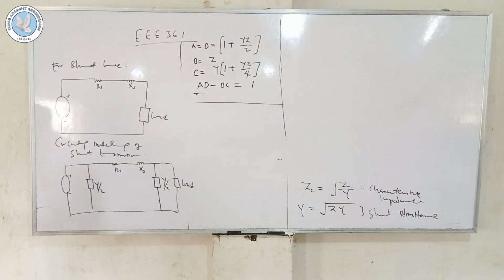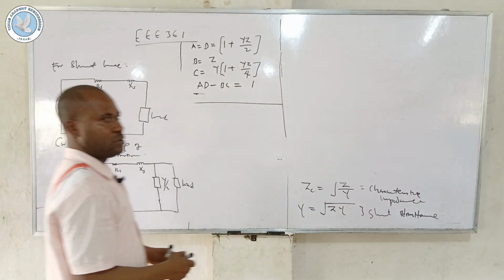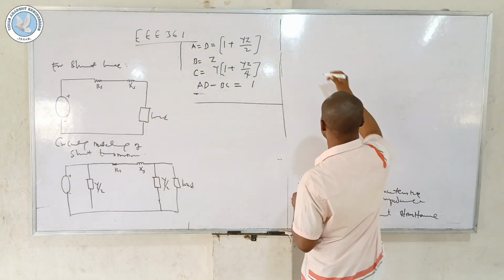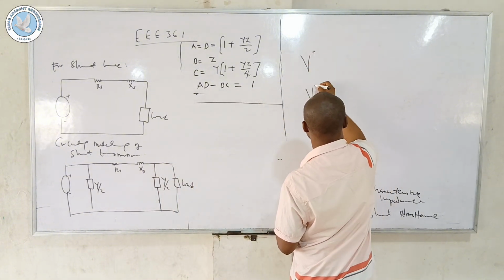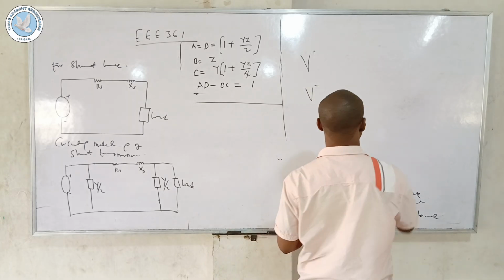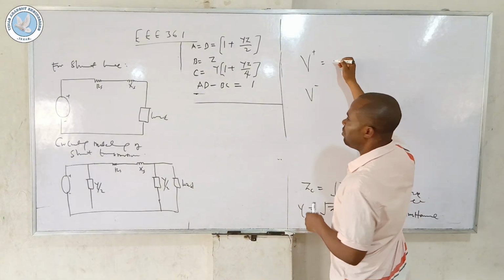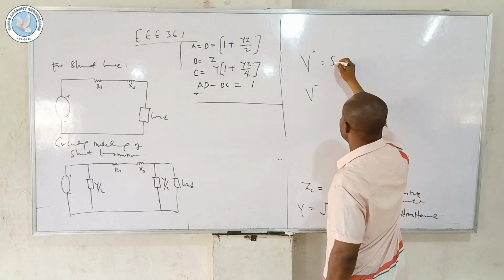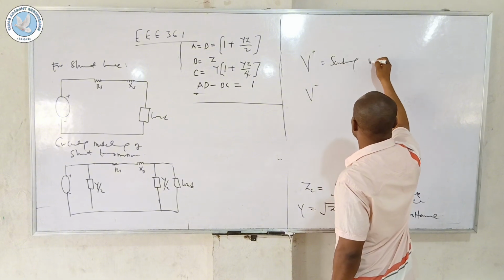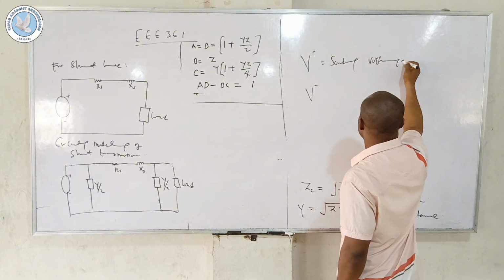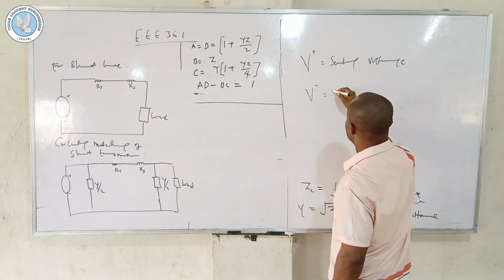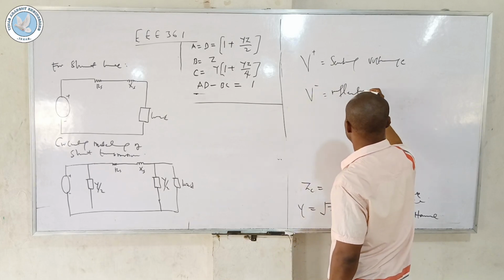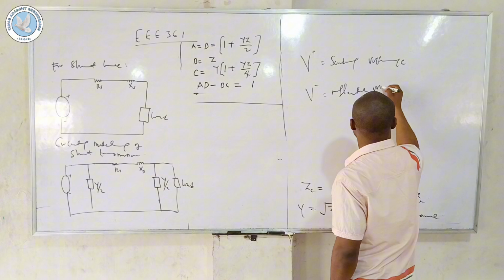This is actually the sending voltage. You can have this as reflective voltage for long transmission line.